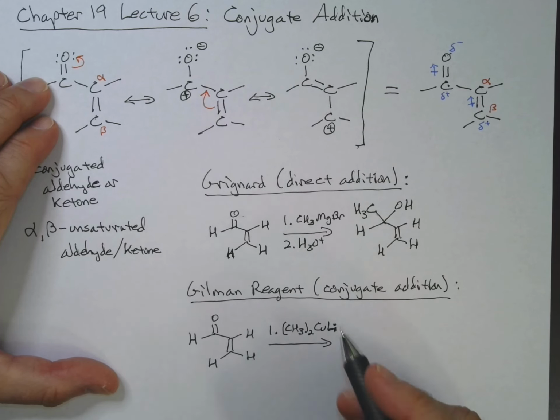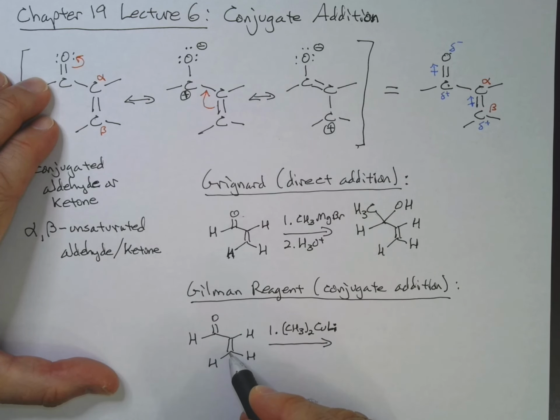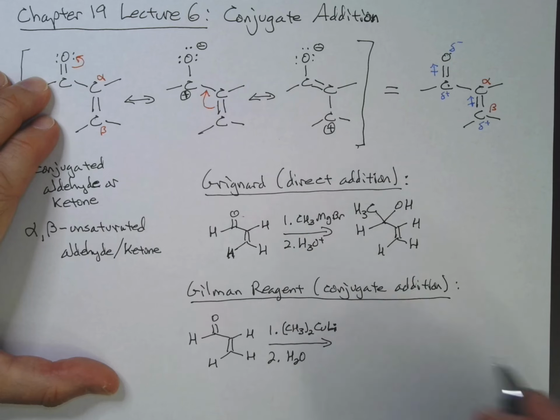This has the interesting property that it adds preferentially at the beta carbon. So we'll quench that with H2O. And our net result, even though we do add a hydrogen to protonate things, it just ends up protonating in a slightly different place.